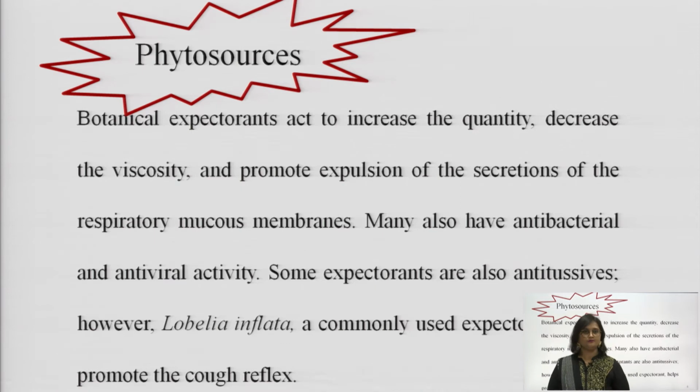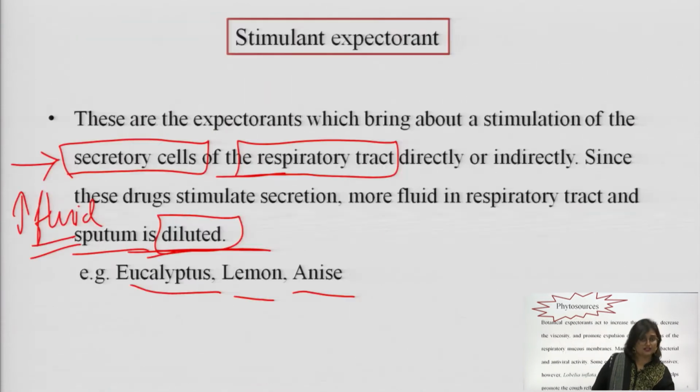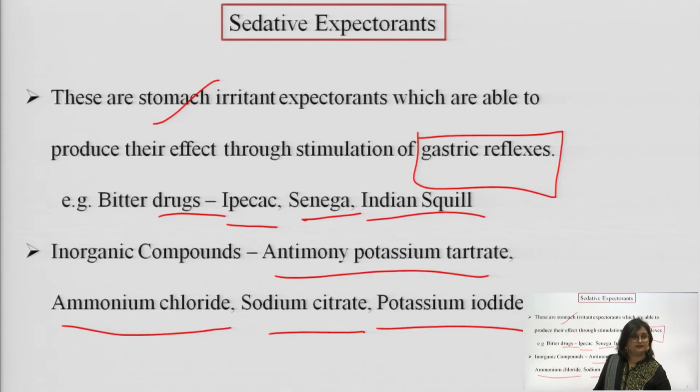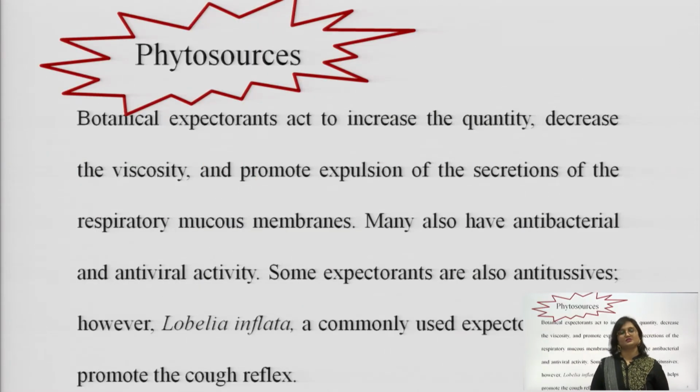Clear all of you? Botanical expectorants, for example, eucalyptus, lemon, anise. Other examples, ipecac, senega, Indian squill. These are all phyto sources for expectorants. Apart from inorganic sources, the ones which I have just briefed are the phyto sources of expectorants.